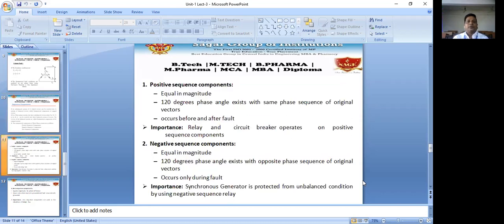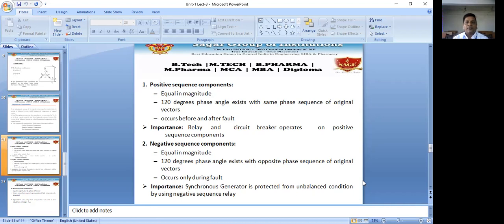Positive sequence components are equal in magnitude with 120-degree phase angle displacement, with the same phase sequence as the original vectors, and occur before and after the fault. Importantly, relays and circuit breakers operate on the positive sequence component. Second, negative sequence components are equal in magnitude with 120-degree phase displacement, with opposite phase sequence to the original vectors, and occur only during the fault.